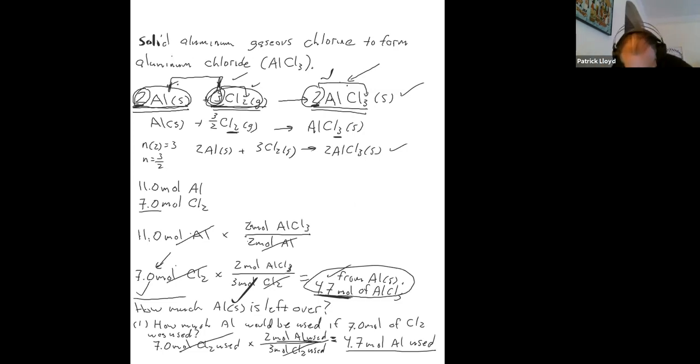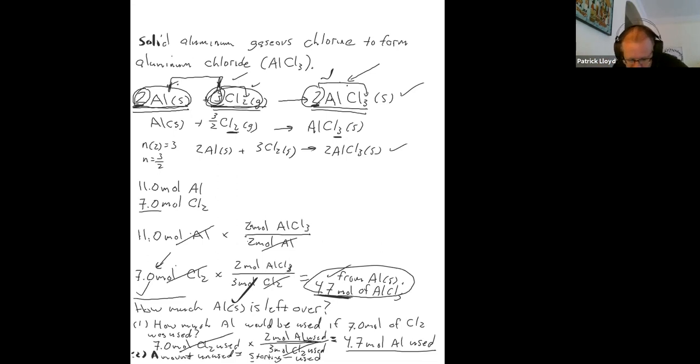Well, step 2, the amount unused is equal to the starting amount minus the amount used. Think about it. In the pizza problem, we started with 3 pies and we used 2 of them. To figure out how much is left over, you take what you started with, 3, and subtract what got used, 2. That leaves you with 1 unused pie. Same thing here.